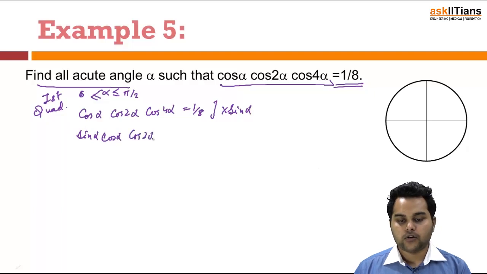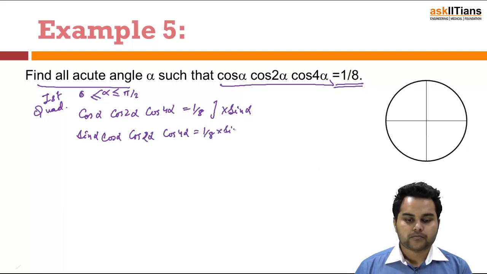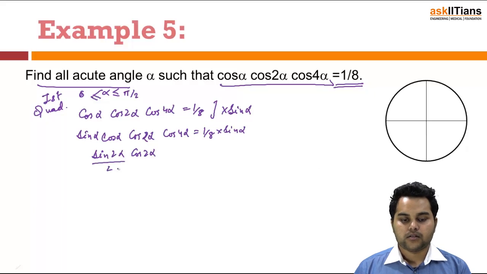I get sin alpha cos alpha, cos 2 alpha, cos 4 alpha is equal to 1 by 8 into sin alpha. Here I get sin 2 alpha by 2, that is sin alpha cos alpha is equal to sin 2 alpha by 2, into cos 2 alpha cos 4 alpha as it is.